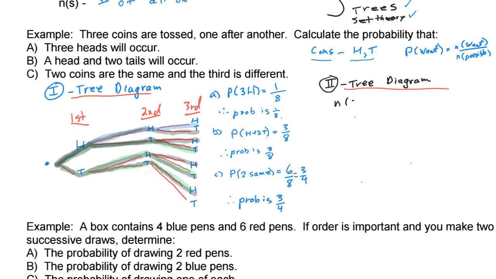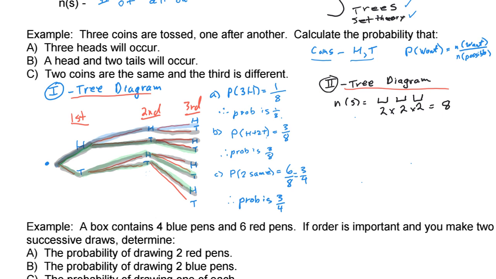And NS is equal to, well, there's 3 possible outcomes, right? And for those 3 possible outcomes, you have 2 choices for each one. So the 2 choices are head and tails, head and tails, and head and tails again. So times those 3, which gives us a total of 8 outcomes for NS.